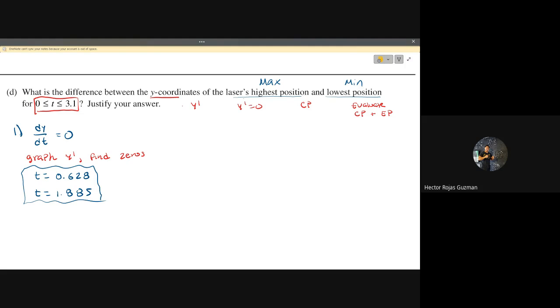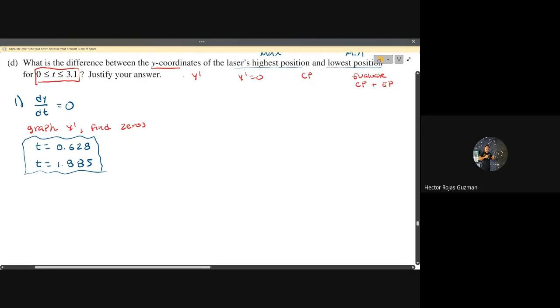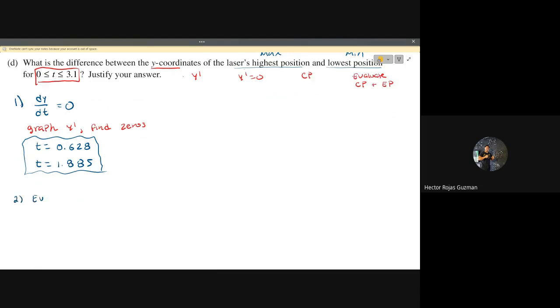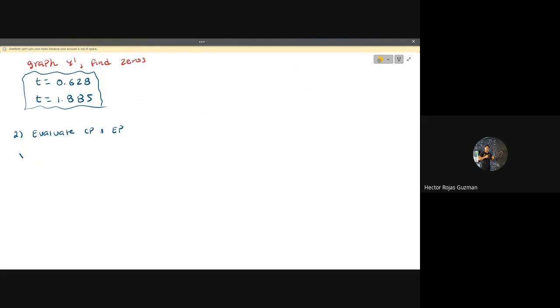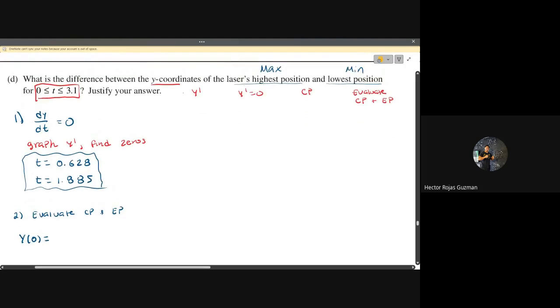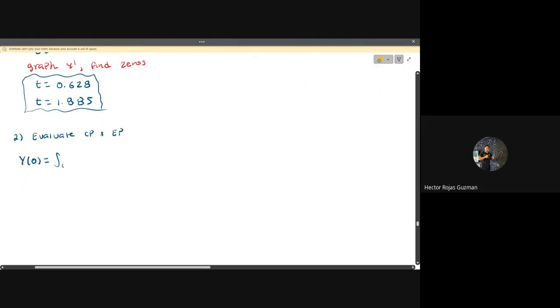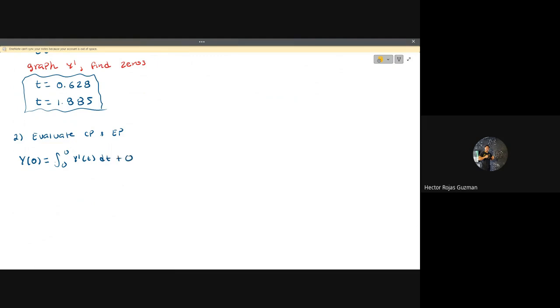Now again, normally I would want to do a number line, but because we want to find the absolute maximum and the absolute minimum, I have to actually evaluate the critical points and the endpoints. So kind of how we worked on part C. The y coordinate at time 0, because that is one of my endpoints, is going to be the integral from 0 to 0 of y prime of t dt plus my initial condition.